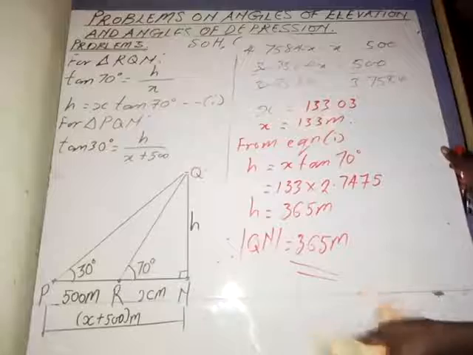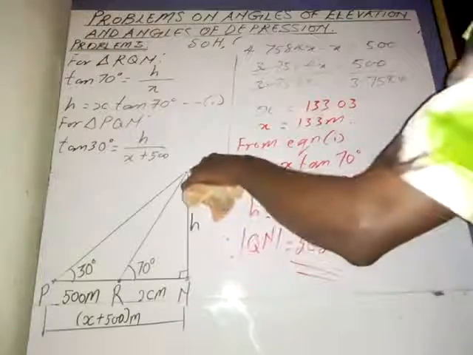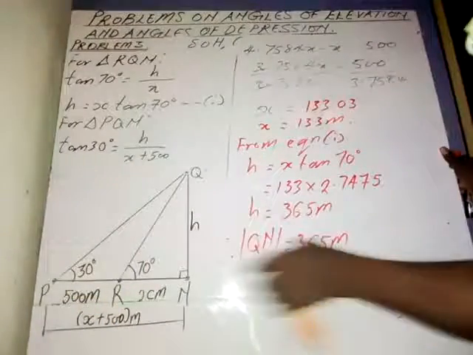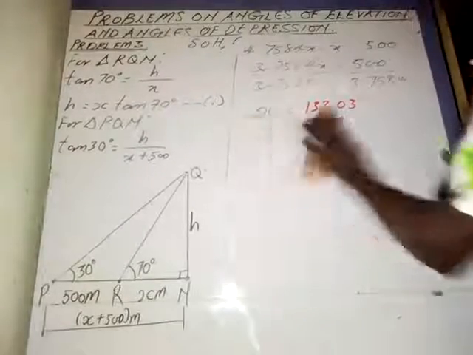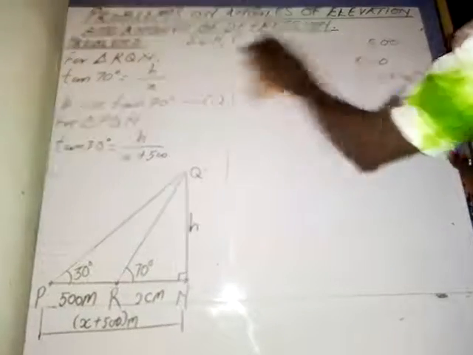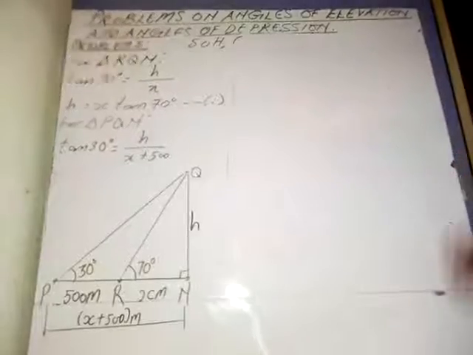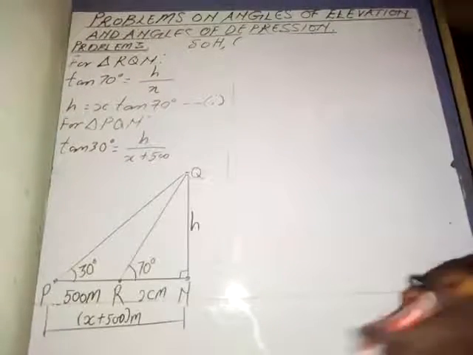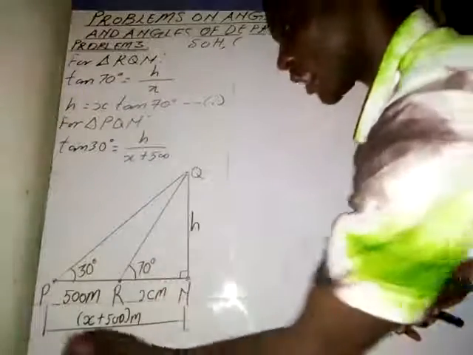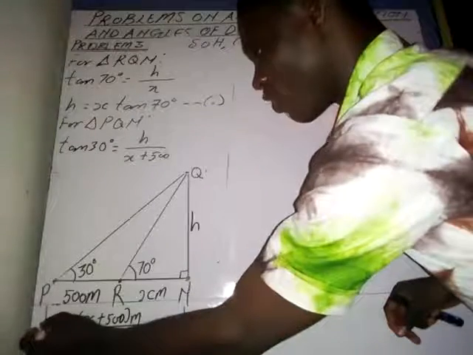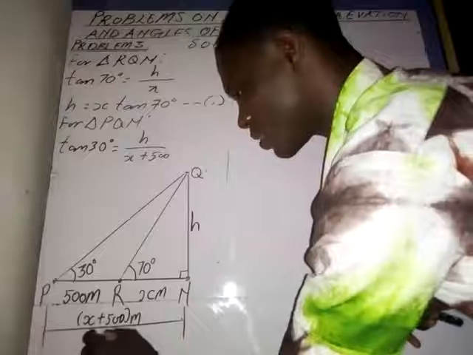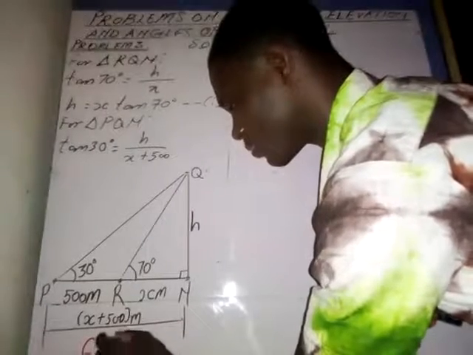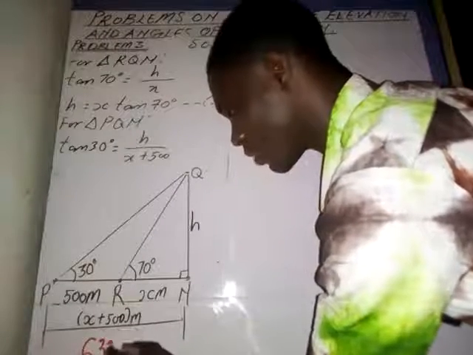Now let's go and determine the value of QP. For us to get the value of QP, we know that the distance of PN now will be 633 meters.